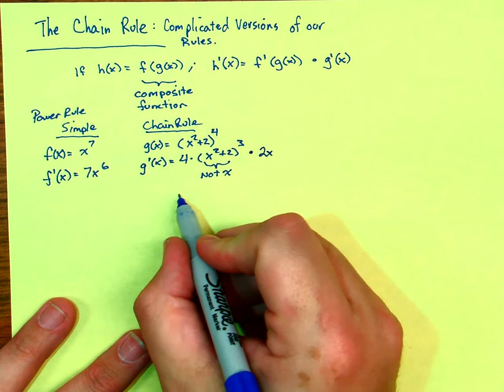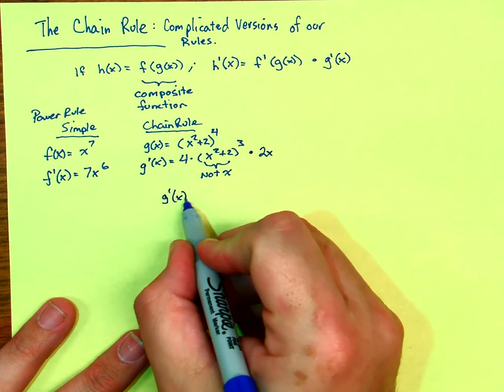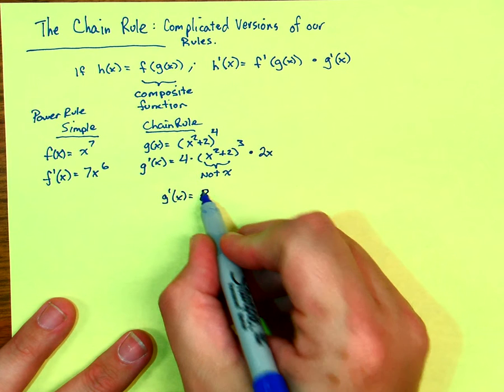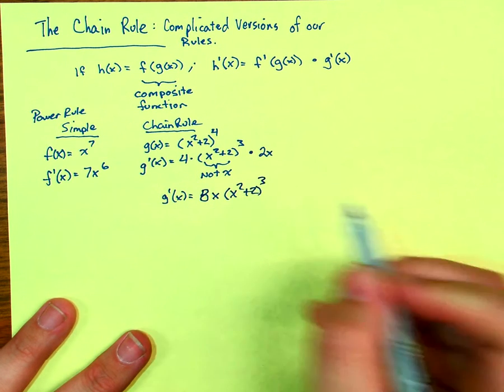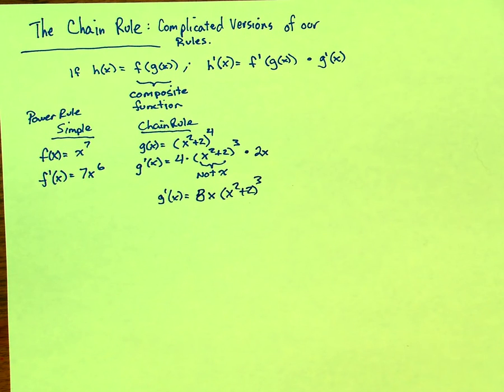So g prime of x is going to be equal to 8x times x squared plus 2 to the 3rd power. That is a big part of it, yeah. That's your answer, and you're all good.